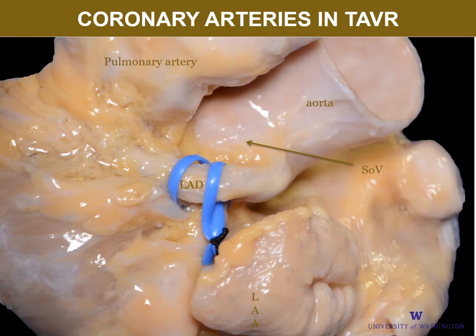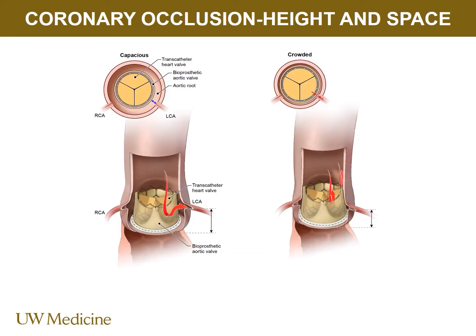The one part of the anatomy that consistently is important when describing valve-in-valve is the sinus of Valsalva, which you could see here by the arrow is well developed, and also the position and placement of the coronary arteries. And that height of the coronary arteries, as well as the position, will play a considerable role in the risks of coronary obstruction during a valve-in-valve TAVR procedure.